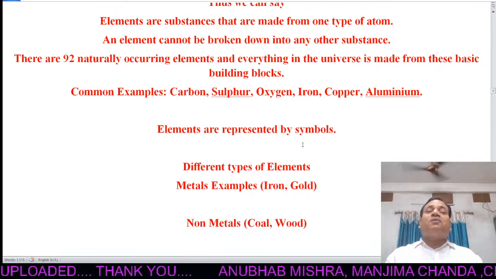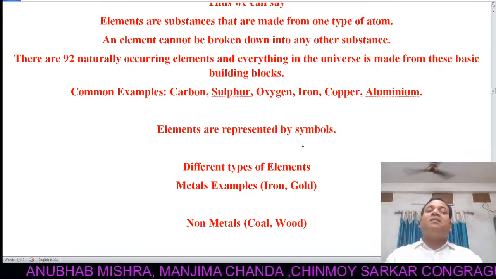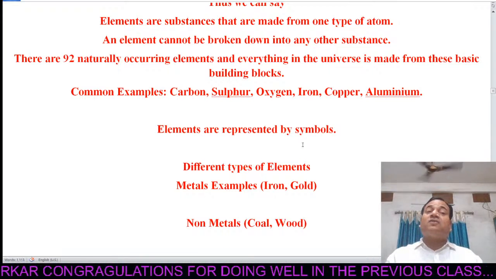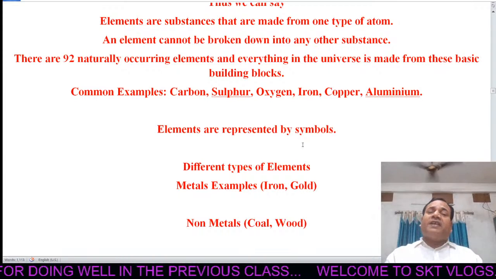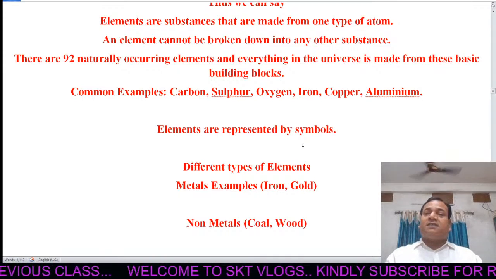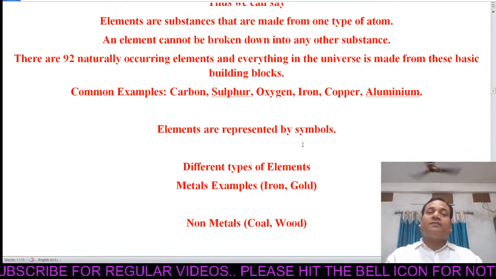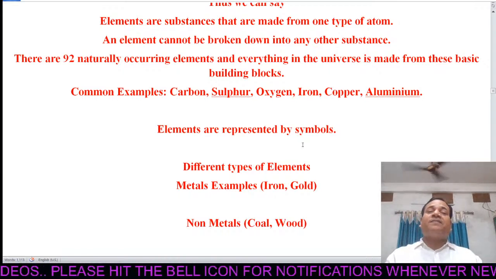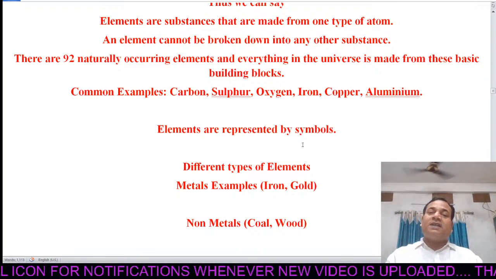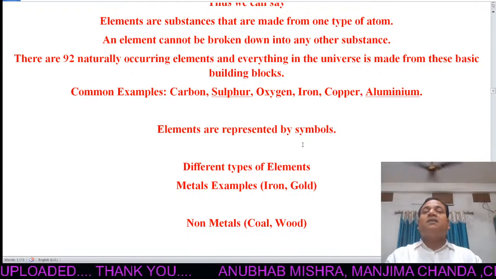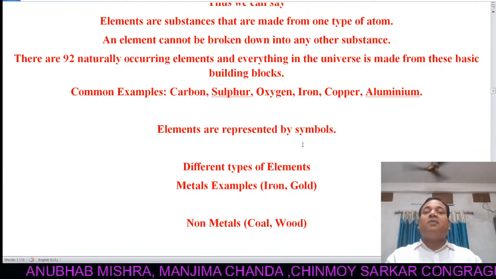There are 92 naturally occurring elements, but if you see the periodic table, nearly 100 elements we are able to see. And everything in the universe is made from these basic building blocks. Common examples of elements are carbon, sulfur, oxygen, iron, copper, and aluminium.